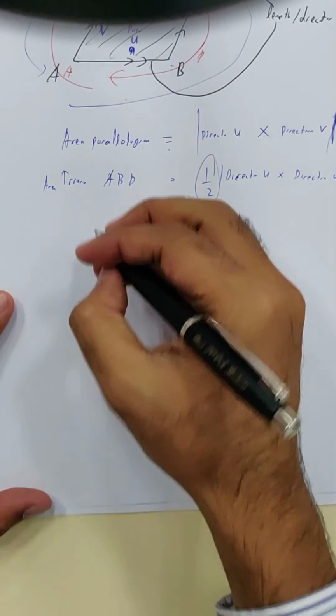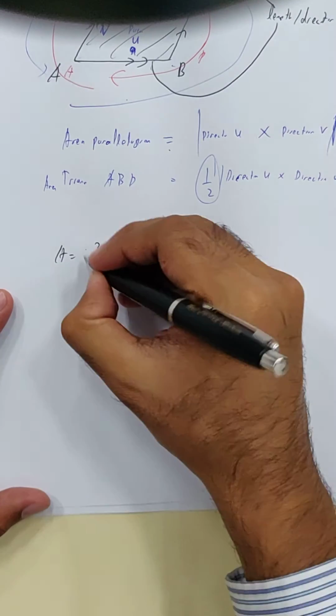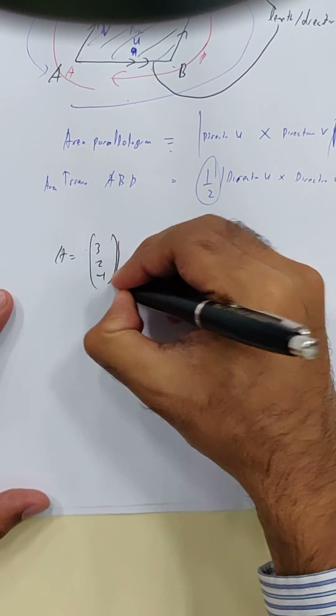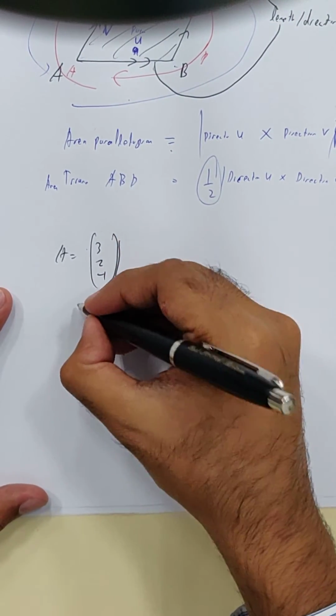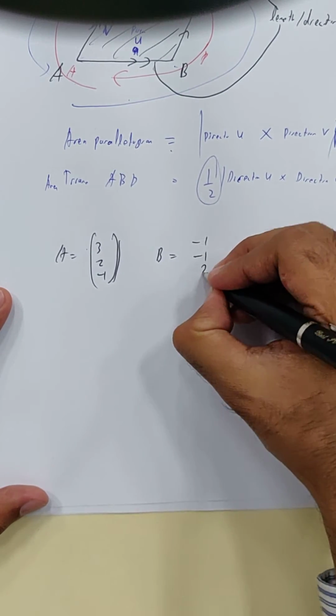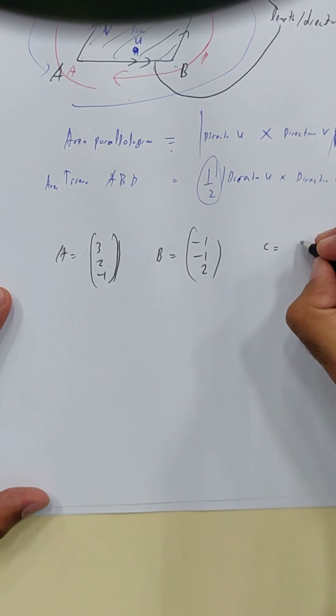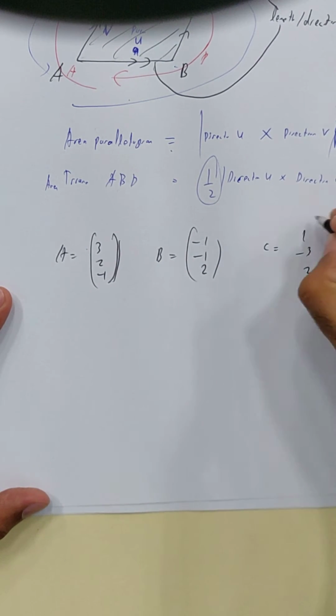Let's say I give you A is (3, -1, 1)... A is 3, negative 1, and I give you B negative 1, negative 1, 2, and I give you C 1, negative 3, 2.